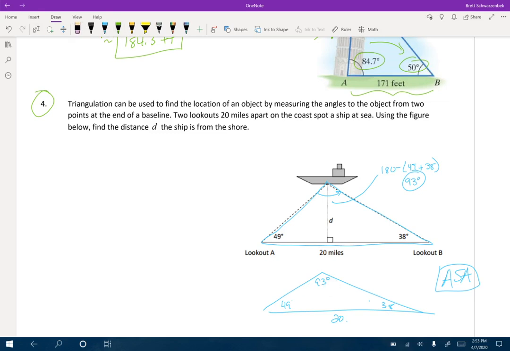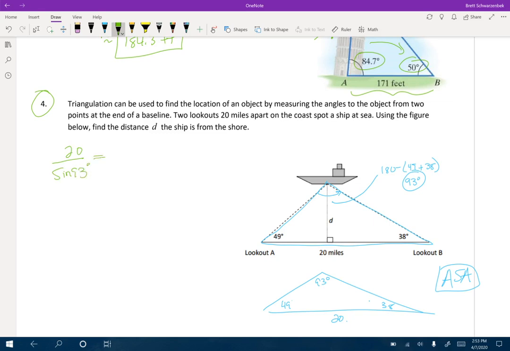So we got our 93. Do we have any angles and sides opposite? We do. We have a 93-degree angle opposite a 20. So we should have a law of sines ratio of 20 over the sine of 93.